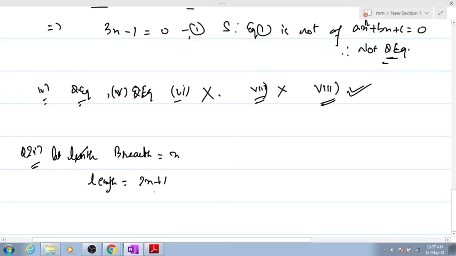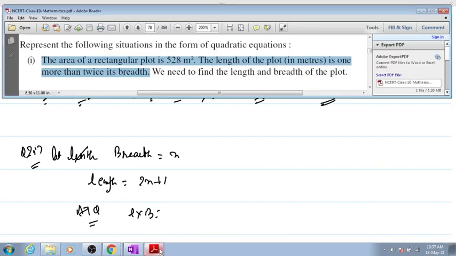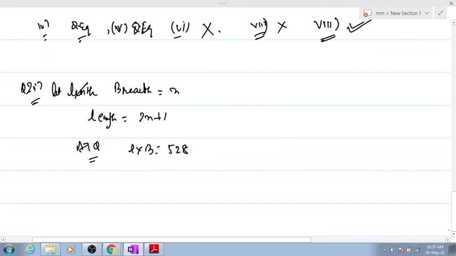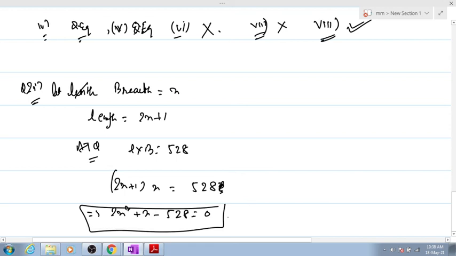And since according to the question, length into breadth is the area, which is equal to 528. So length is 2x plus 1, and the breadth is x, which is equal to 528. Yes or no? Which implies 2x square plus x minus 528 is equal to 0 is our required quadratic equation.